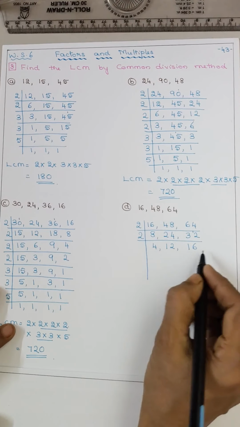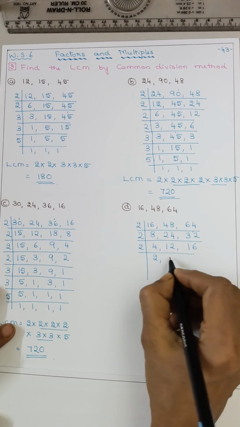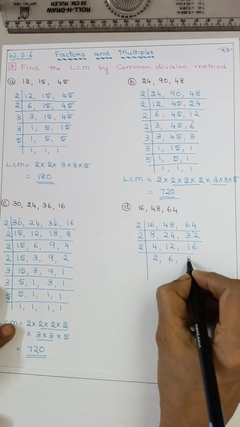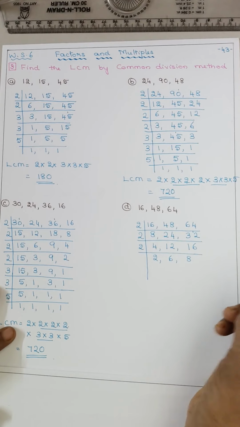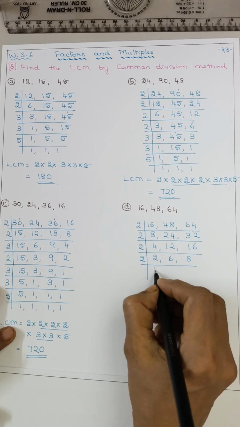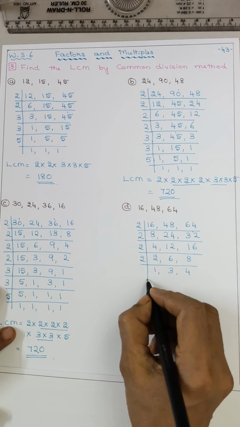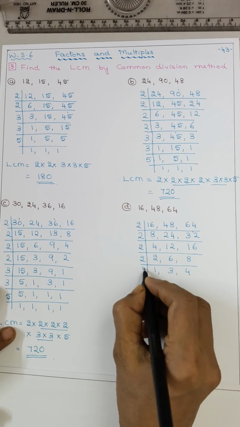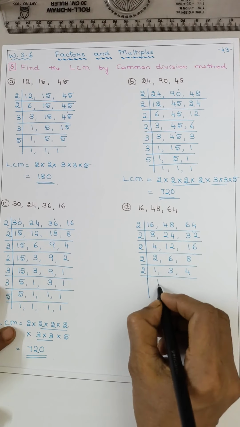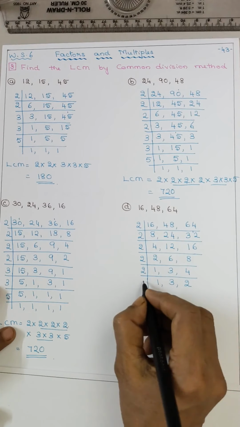Now again even, 2 2s are 4, 2 6s are 12, 2 8s are 16. Now again even, 2 1s are 2, 2 3s are 6, 2 4s are 8. Even, 2, 1 as it is, 3 as it is, 2 2s are 4.